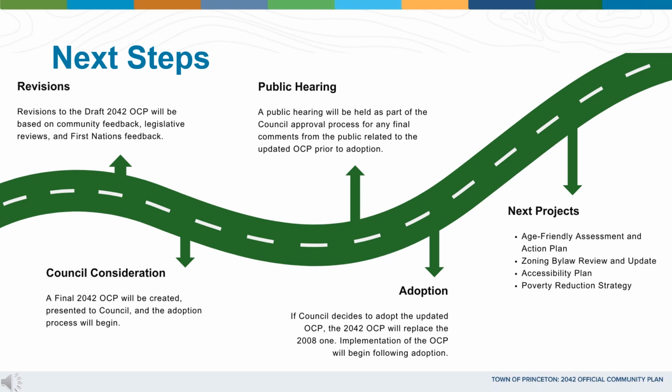A public hearing will be held as part of the council approval for any final comments from the public related to the updated OCP prior to adoption. Once the OCP is adopted, implementation of the OCP will begin and other projects will start. While we have already begun the development of age-friendly assessment and action plan, we also plan on reviewing and updating the town zoning bylaw to bring it in alignment with the new OCP.